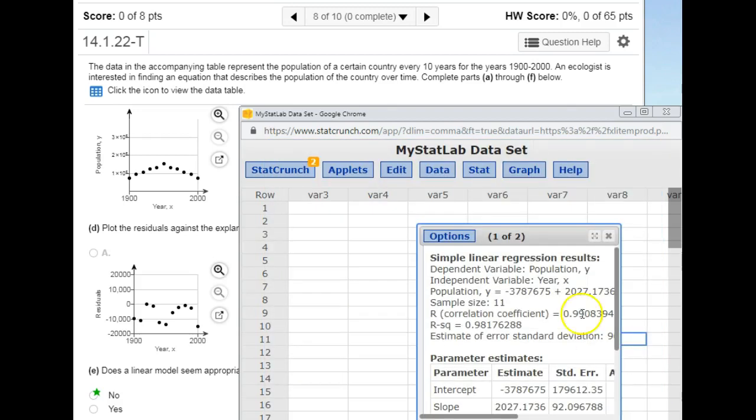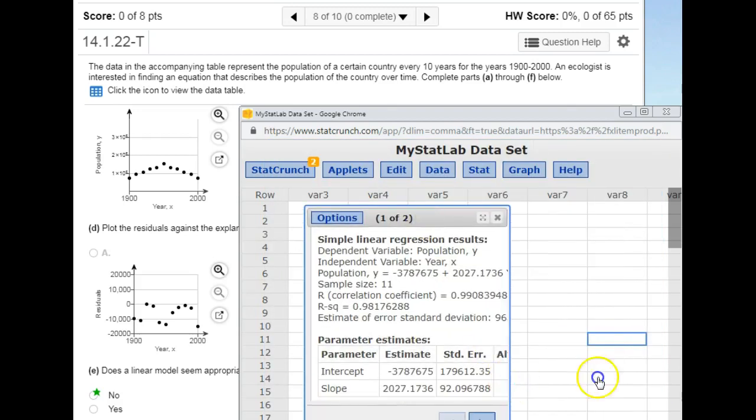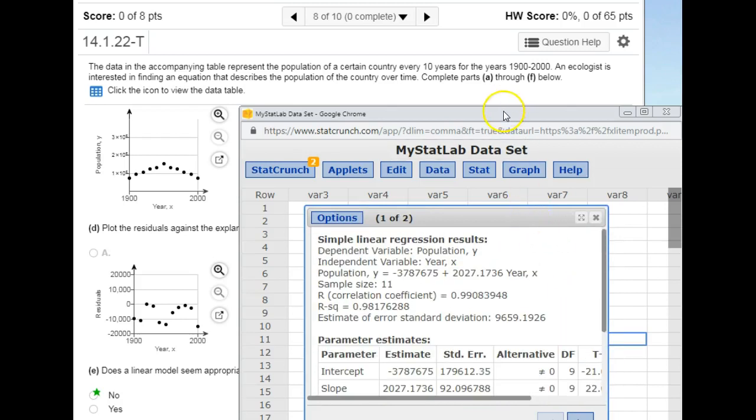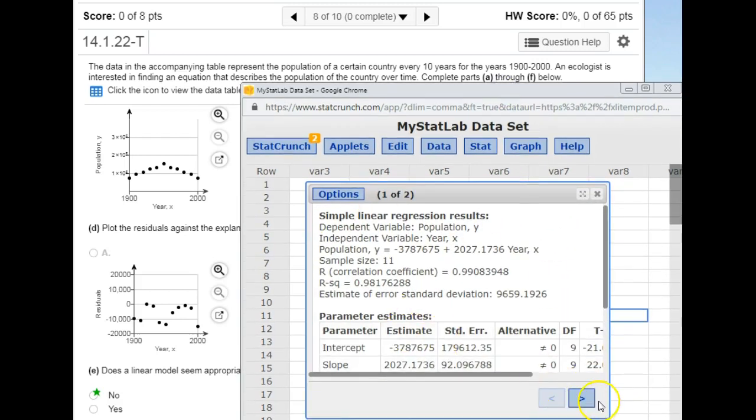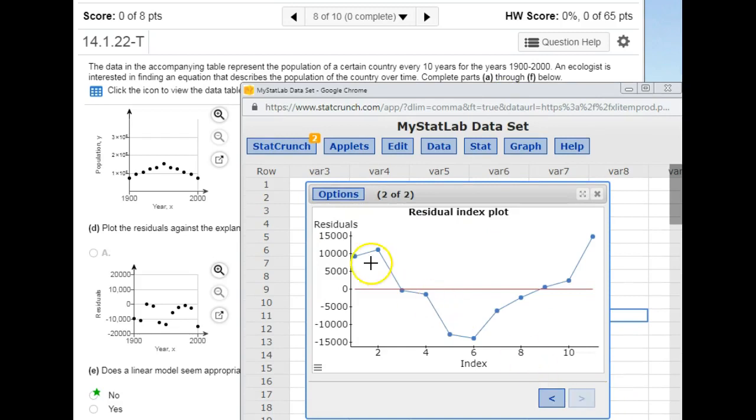So go ahead and compute that, and you'll have to click over here at the bottom to move away from the numbers to get the actual graph. And you'll see the residual plot looks like this.